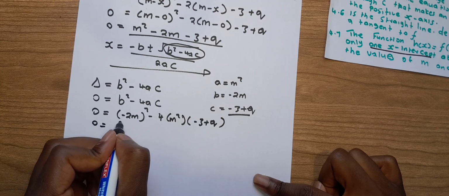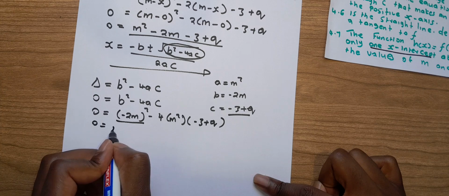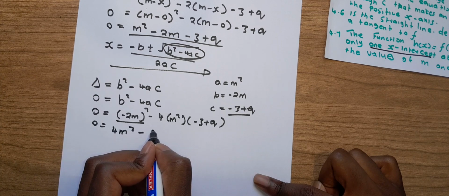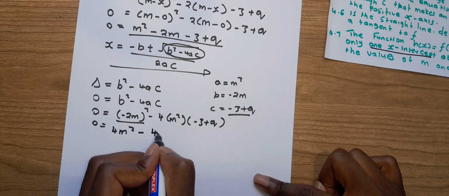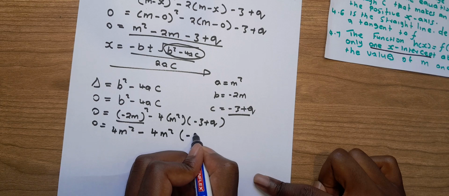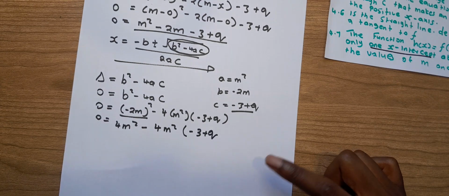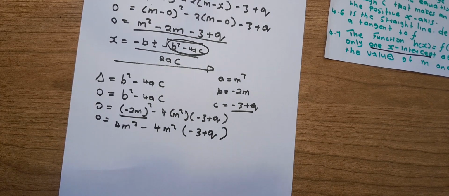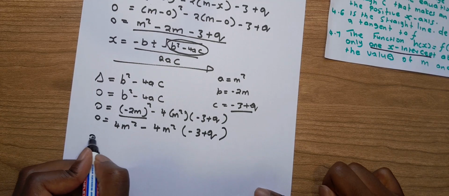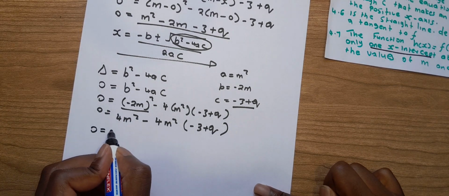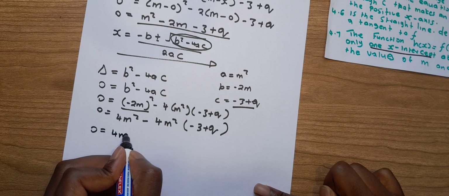So 0 equals, this gives you 4m squared minus 4m squared times minus 3 plus q. Let's take the common factor of 4m squared.